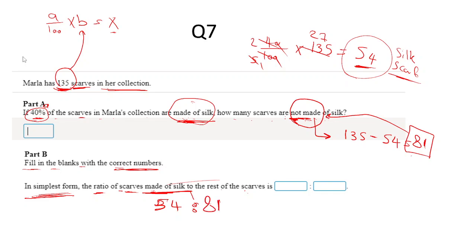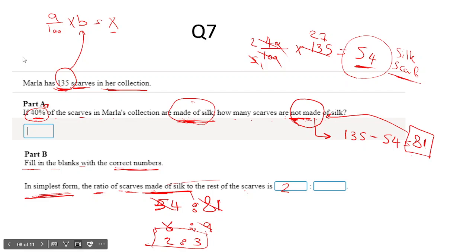So let's simplify this one. By 9, 54 becomes 6 and 81 becomes 9. By 3, it will be 2, and by 3, it will be 3. So it will be 2 to 3. Okay?